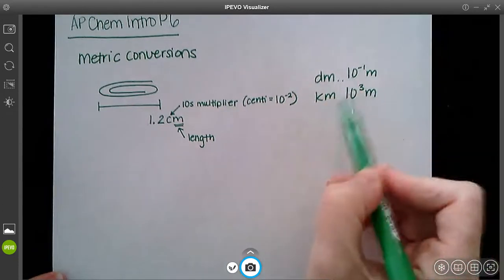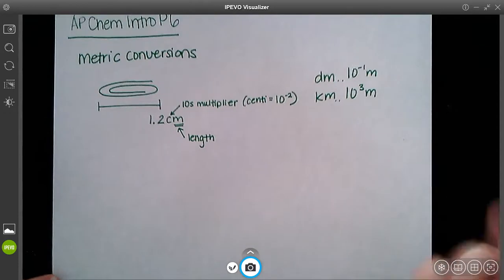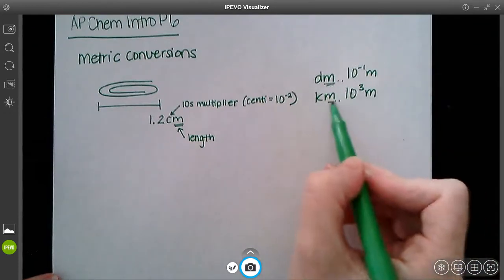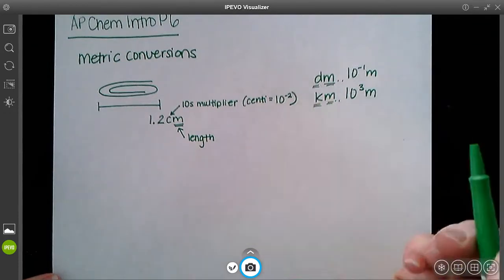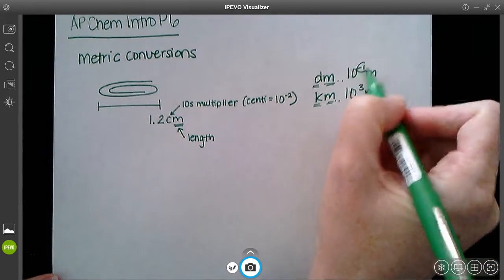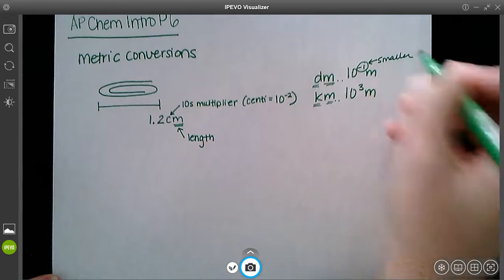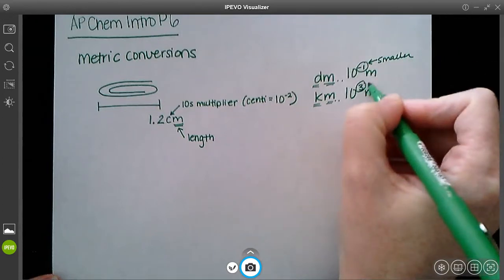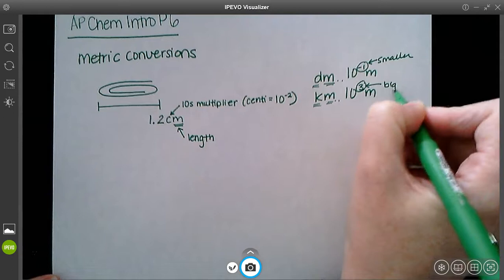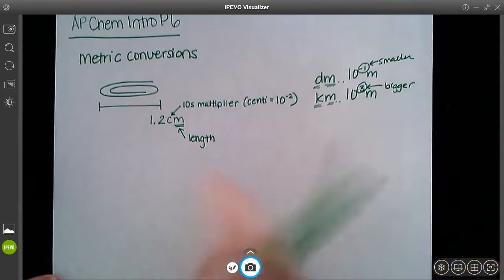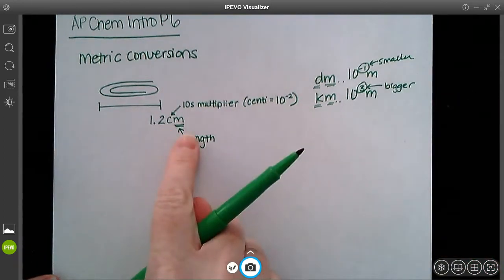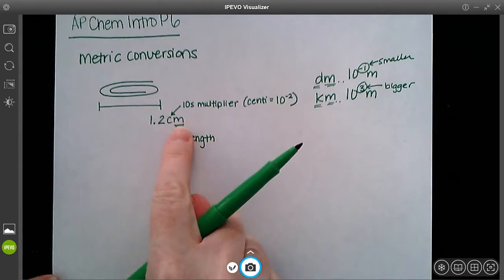You can find a list of these on the internet very easily, but you've got the base unit and then you've got a multiplier up front. If it has a negative exponent, then that means it's smaller than your actual base unit. If it has a positive, then it's bigger. So what centimeters means is it's a meter divided into 100 pieces.